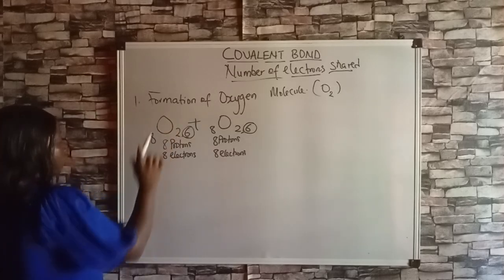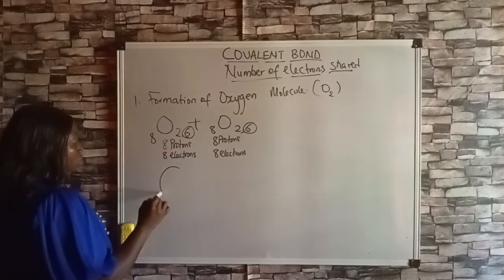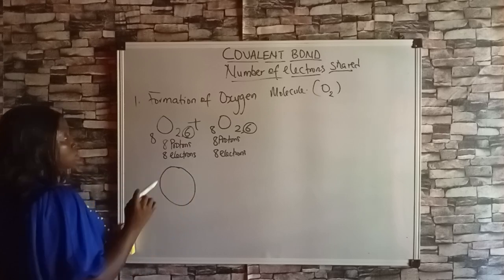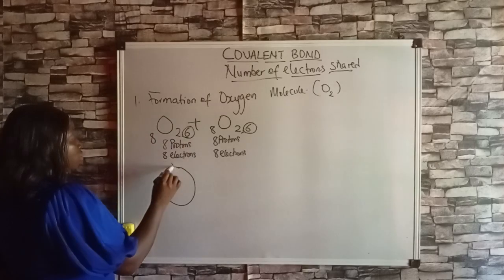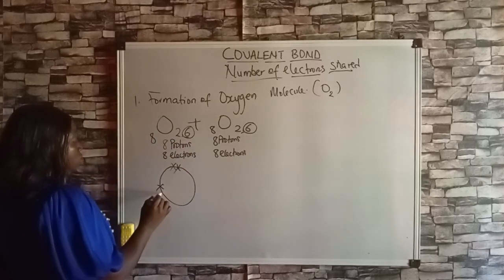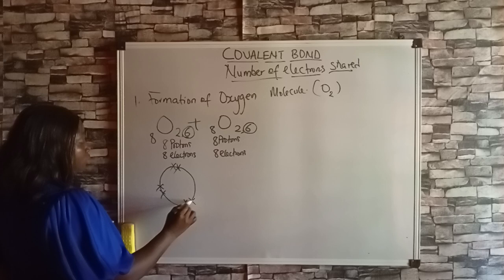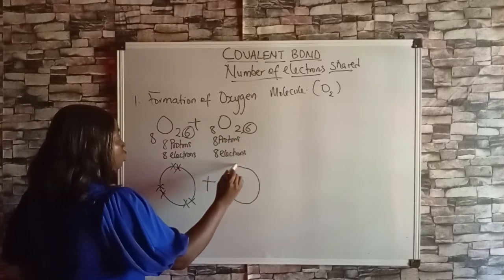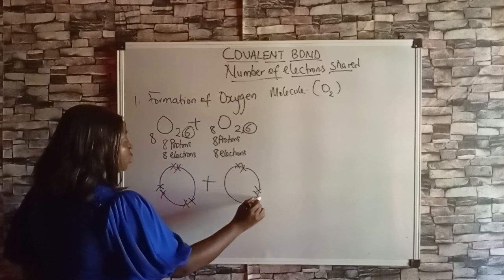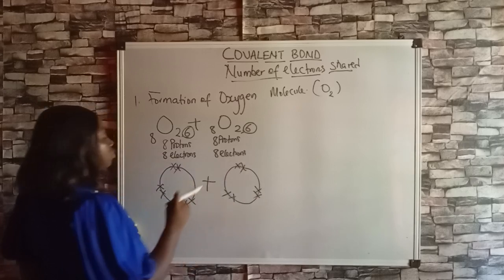So let's see them bond. We are drawing the shell, their last shell, or we call the outermost shell. Put the 6 electrons, reacting with another oxygen atom. 1, 2, 3, 4, 5, 6.